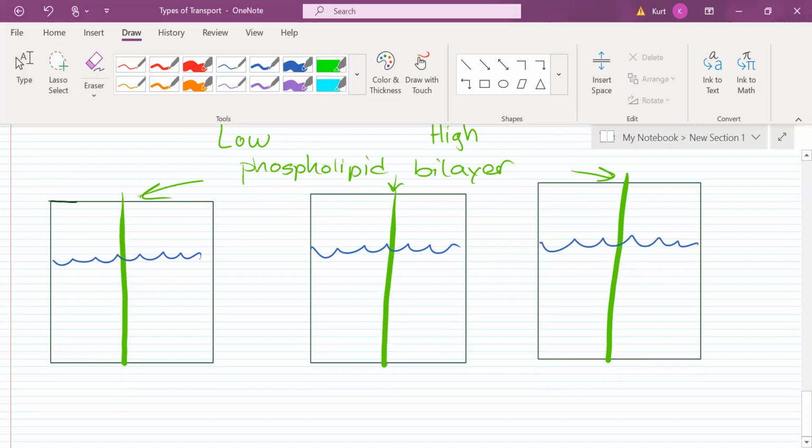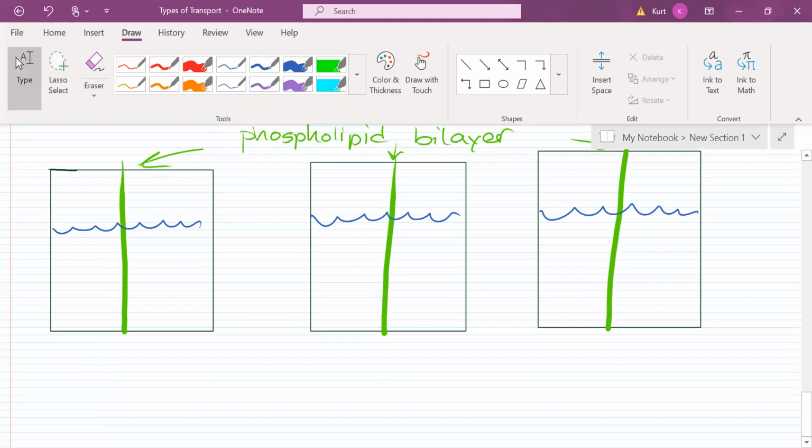Okay, so in this first example, I'm going to have oxygen molecules. We're going to put 5 of them on the left, we will put 1 on the right. We're going to say that this is 0.5 molar, and we're going to say this is 0.1 molar, okay?